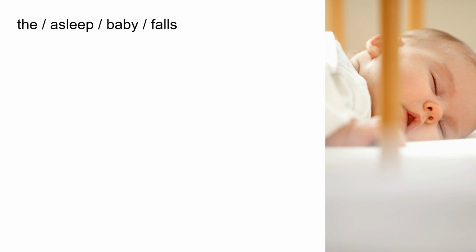The baby falls asleep. In this case, baby is the subject, B-A-B-Y. The verb is falls. And baby is third person singular, so we need an S. So we can say the baby falls asleep, S-L-E-E-P. This one is an adjective. It can be a complement.